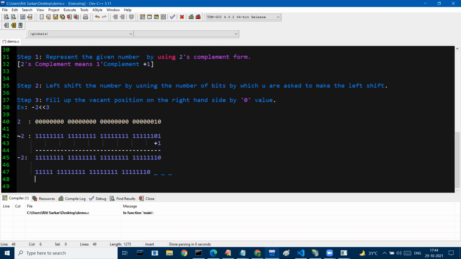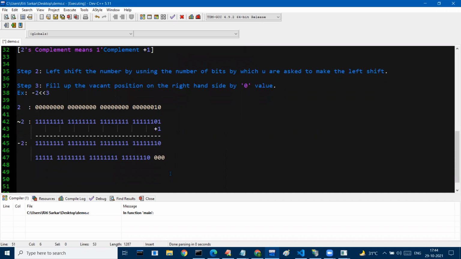Then how will it look? Here 0 will come, 0 will come, 0 will come. Next, what are we going to do? Before doing anything, make sure you arrange it in 8-bit form: 3, 4, 5, 6, 7, 8.